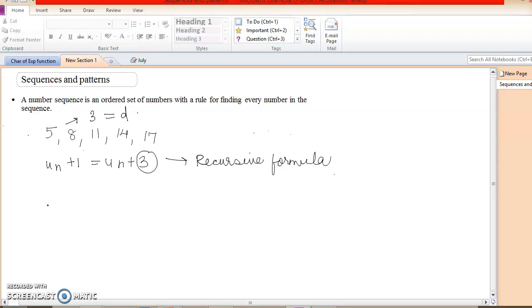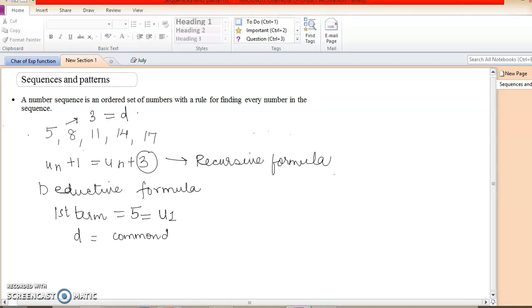Now coming to the next one, when we try to find the deductive formula, the first term that we know is 5, which is nothing but u_1. My d, which is my common difference, is going to be 3.